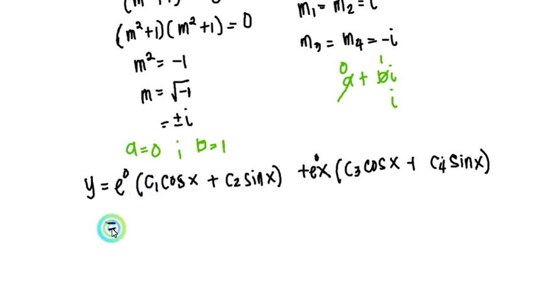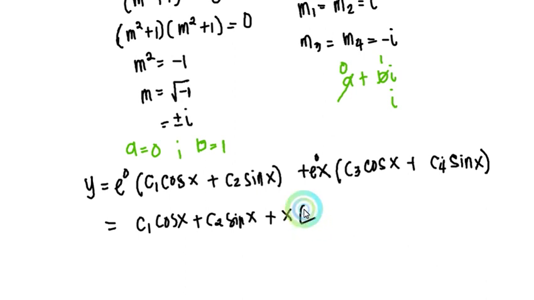So, this is equal to C1 cosine x plus your C2 sine x plus, so factor out ng x, I'll have your C3 cosine x plus C4 sine x.